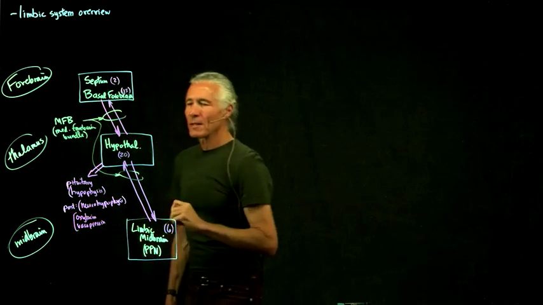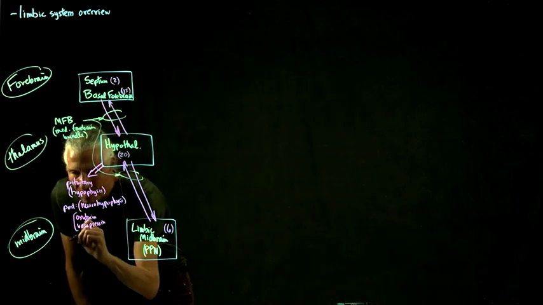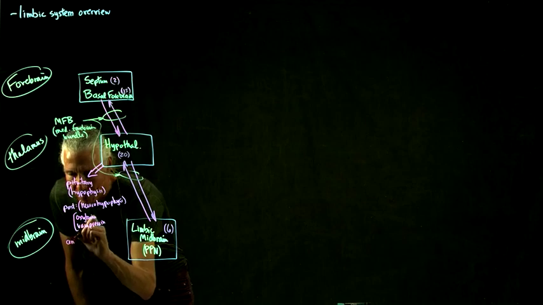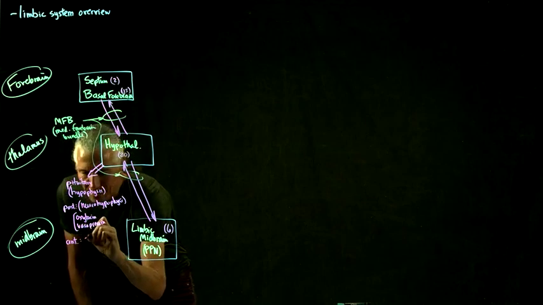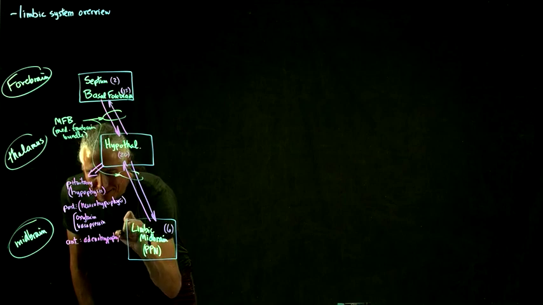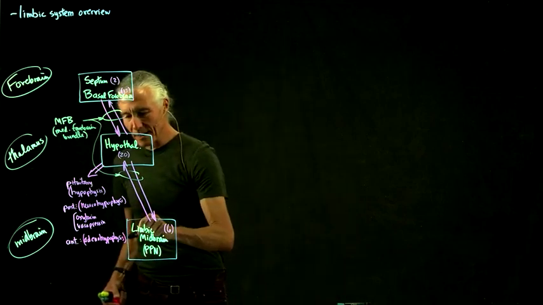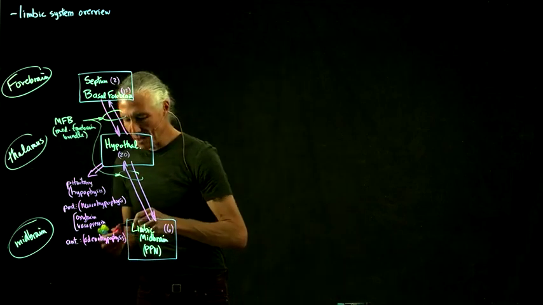But most of the hormones released by the pituitary come from the anterior pituitary, and that's called the adenohypophysis. That one has specialized neurons in it that dump hormones into the blood.